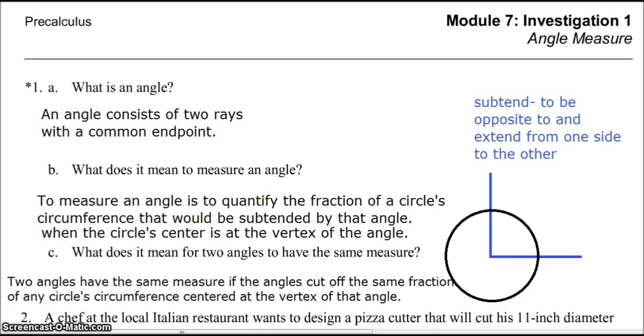Notice that I could have drawn any size circle over here. As long as we put the vertex of the angle at the center of the circle, then the fraction of this piece of the circumference divided by the whole circumference will be equal to the fraction of this circumference divided by the whole circumference.